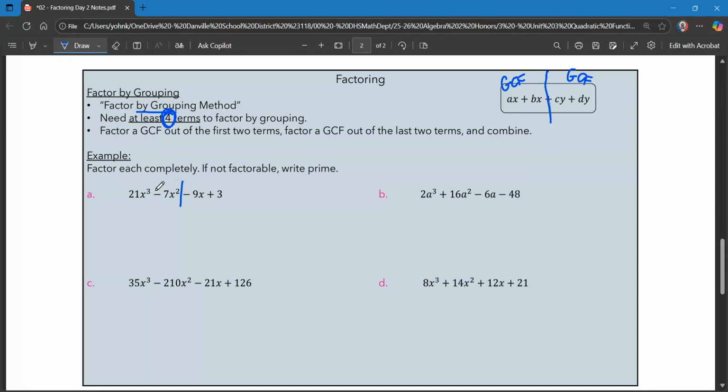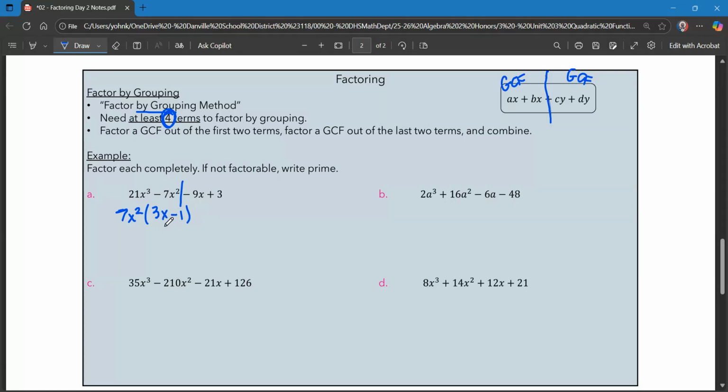Between 21 and -7, I can take a 7 out. And x cubed and x squared both have an x squared in common. Then you put what's left after you take that out. So I have a 3x and a -1 left over. So all I've done is taken the first 2 terms and factored a GCF of 7x squared, and I was left with 3x minus 1.